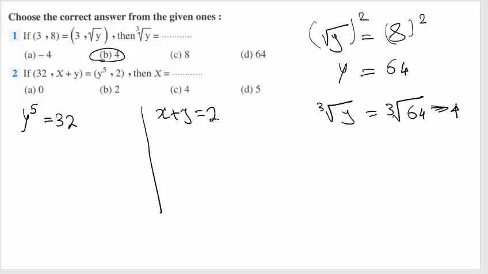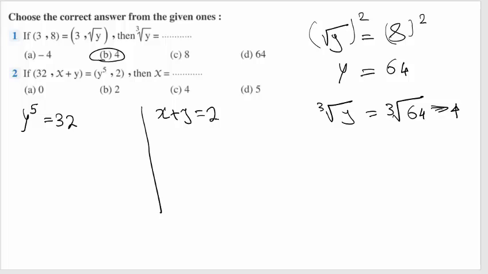Because you told me that the first images should be equal and the second images, or the second projections, should also be equal. So, to find the value of y: when I had the power 2, I applied the square root. When I had the power 3, I applied the cubic root. So, when I have a power 5, I will apply the fifth root, which is the opposite of the power 5.